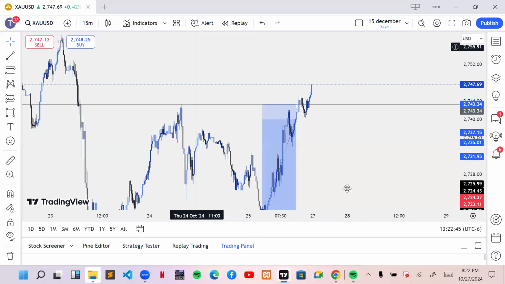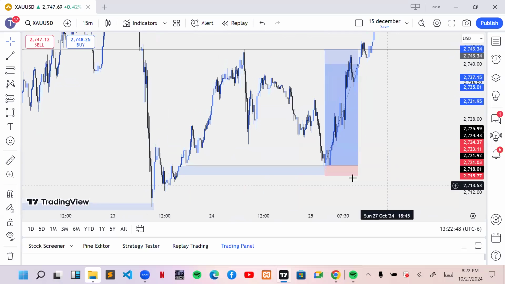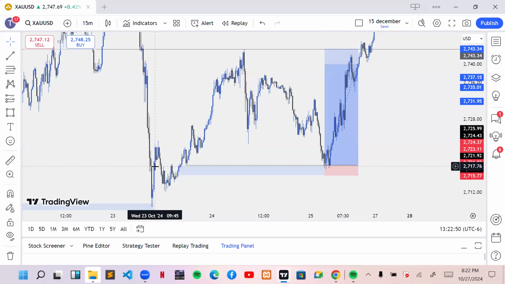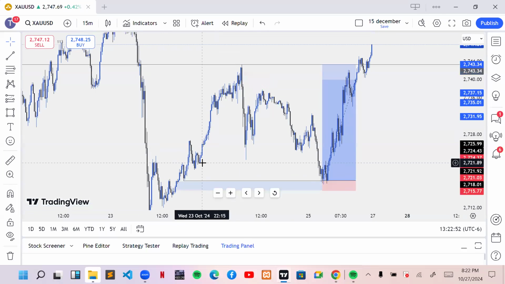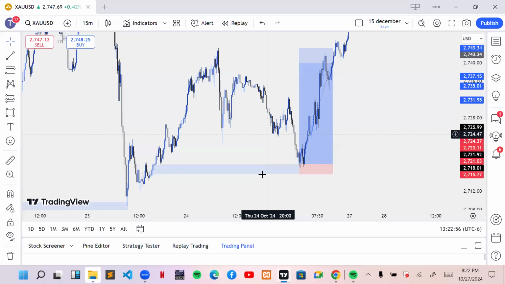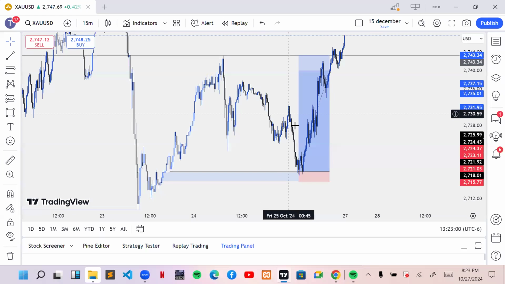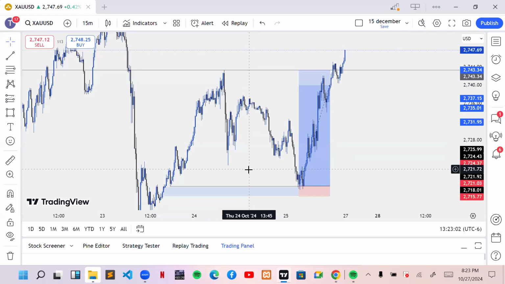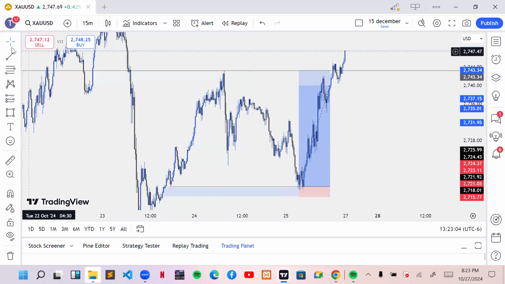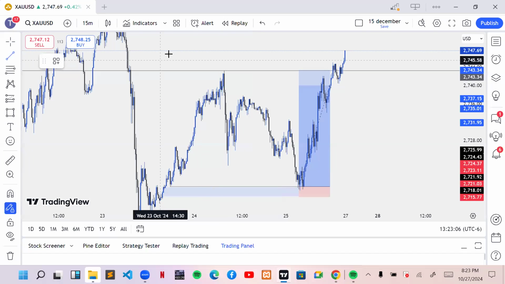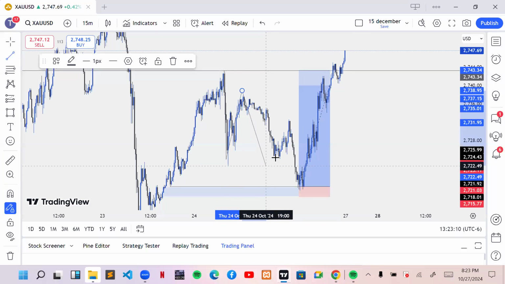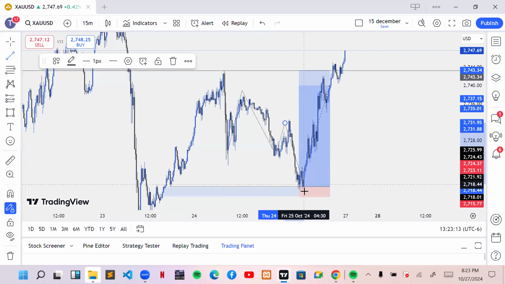Let's say, for example, this is a zone you're looking to take your buy from, like there was a break of structure and inducement. So this is your POI, and let's assume price has not gotten to this POI, and while price is approaching this POI, it was making a series of lower highs and lower lows.